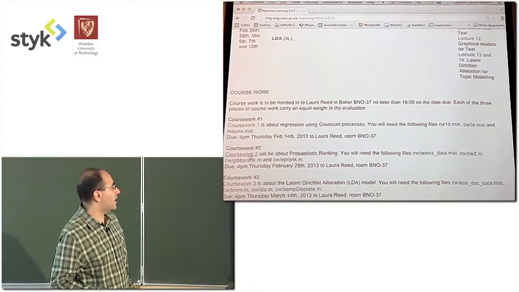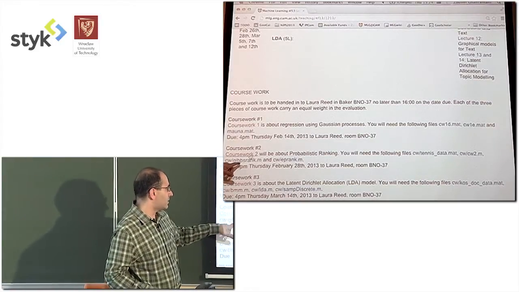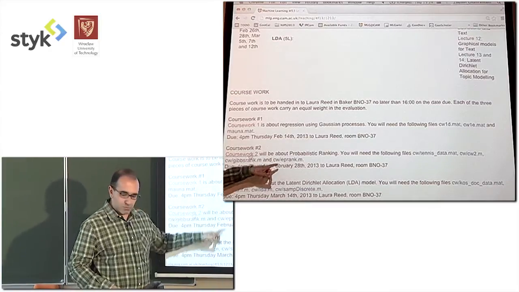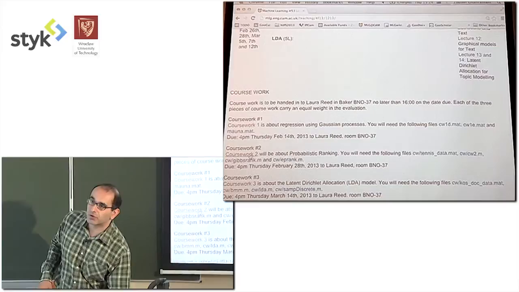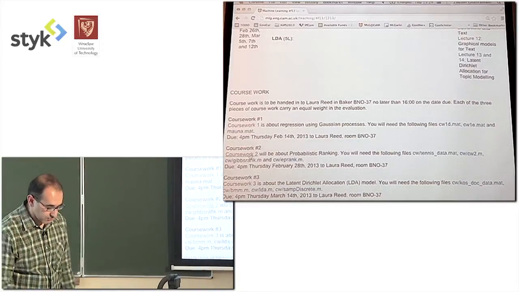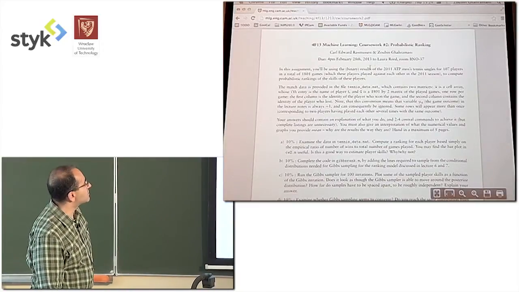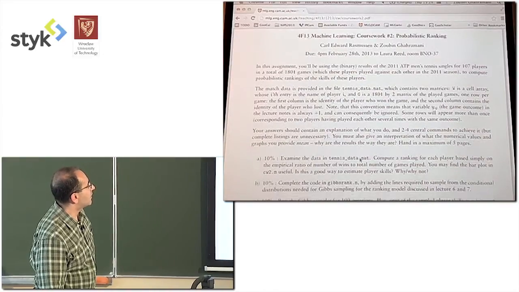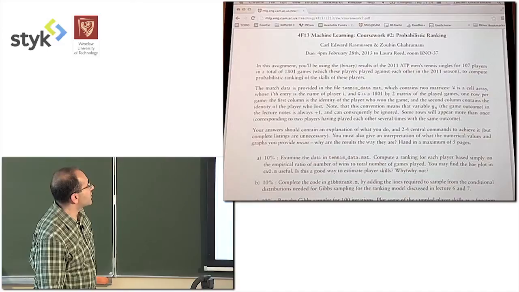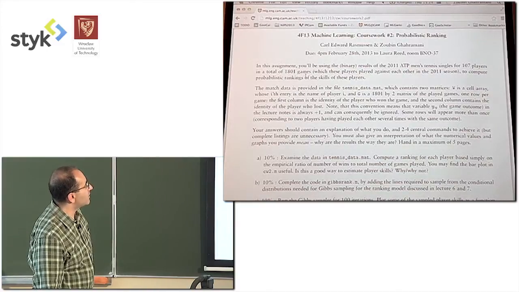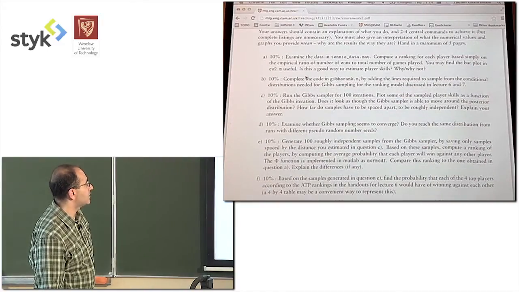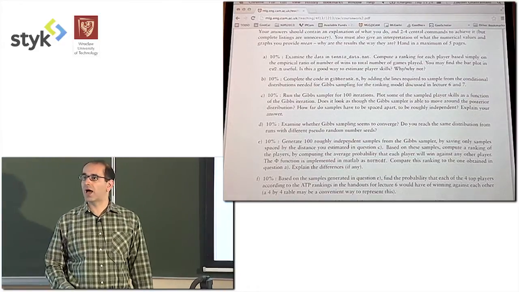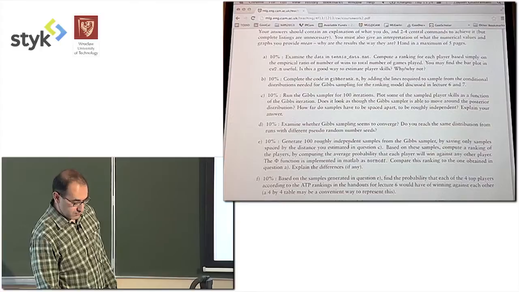This also allows you to compare Gibbs sampling with expectation propagation as two different methods for trying to solve this problem. If I click on this, this is what that coursework looks like: 107 players, 1,801 games for the 2011 season, and then some exercises. If you use MATLAB, it would be very easy to do.